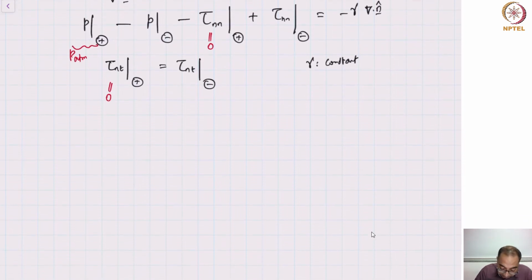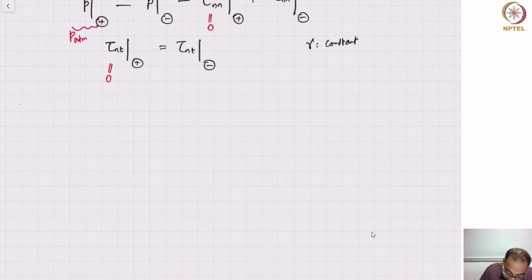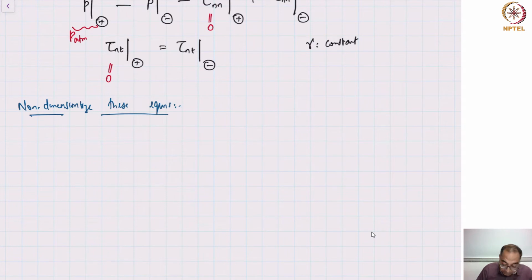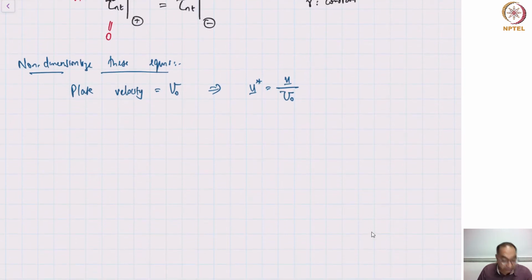And now let's do one more thing. Let's non-dimensionalize these equations. So we'll say plate velocity is U. So I will say the non-dimensional velocity u would be u by capital U. Maybe we'll put a U naught to distinguish between the plate velocity and the fluid velocity, right?